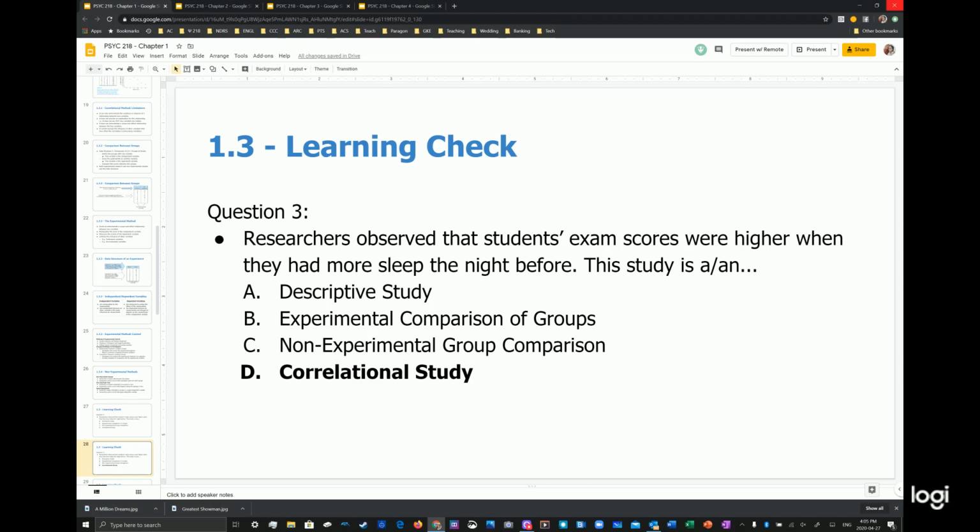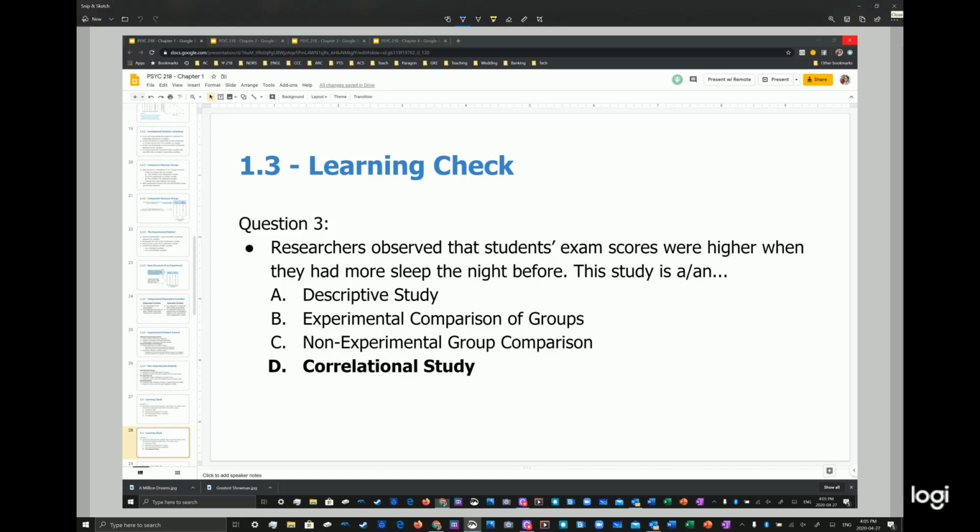So if you have chosen a correlation study, you would be correct here because we have only observed. Again, reading the question and checking the wording would be useful. Notice here that the researchers only observed. They did not make the participants do anything.